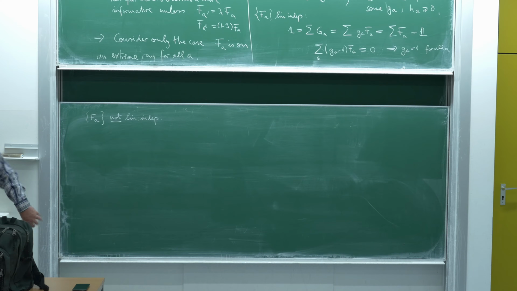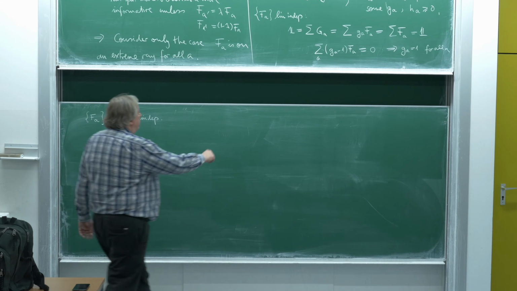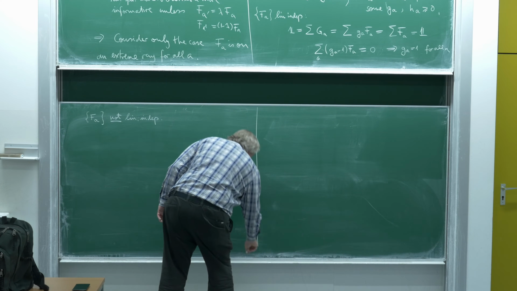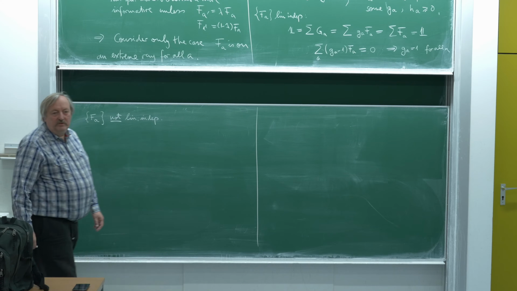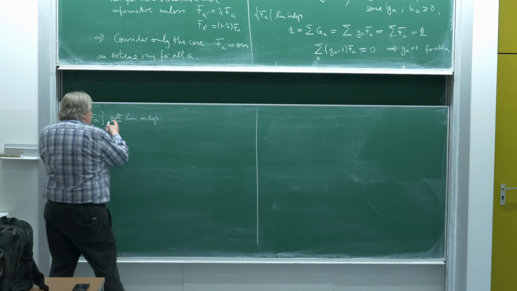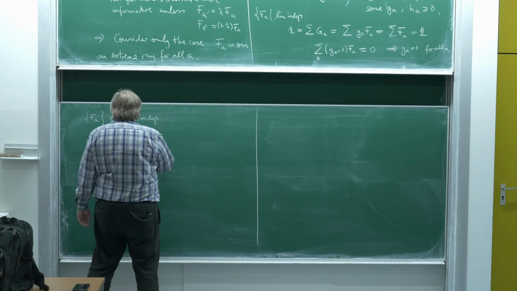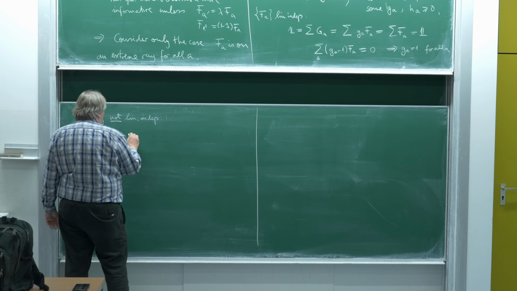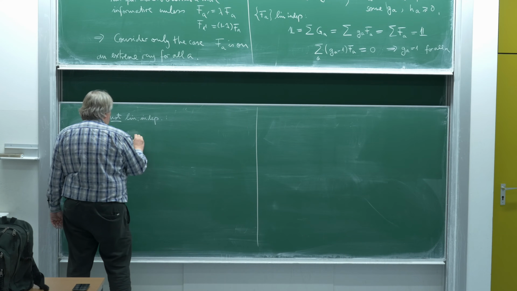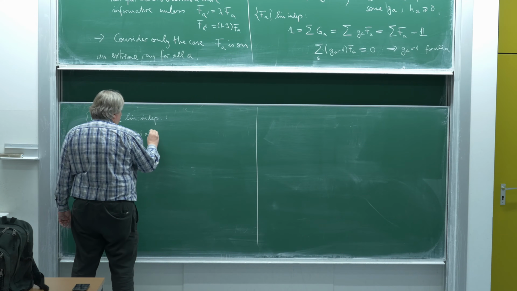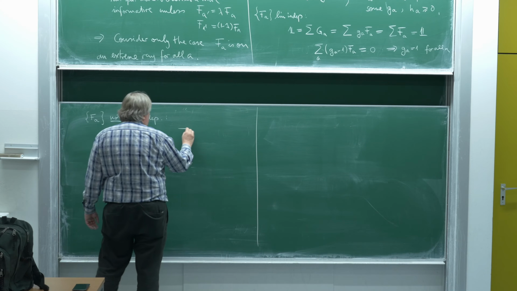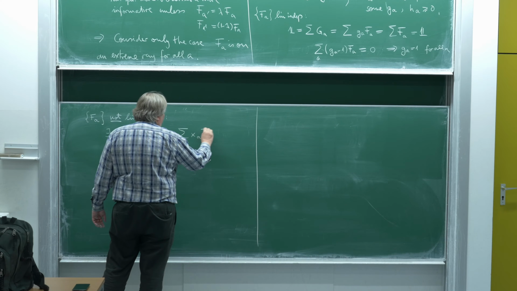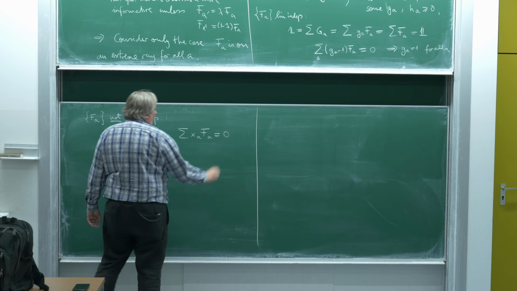So I sort of invert that, and then I have to show that I can actually make a convex decomposition. But what does this mean? Then there exist constants, call them XA, which are not all 0, so that the sum of the XA FA is 0.